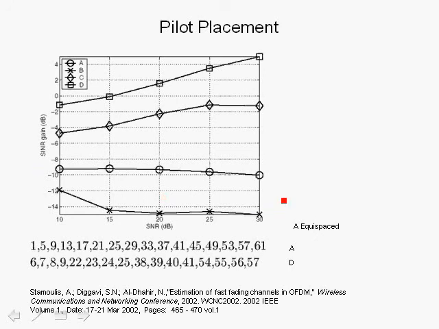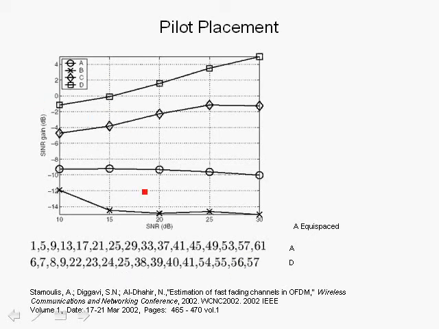As you can see over here, for case A, where we have equal distance pilots, the actual SNR gain is shown here. However, if we arrange the pilots according to arrangement D, where the pilots are clustered together but then offset, we get the best performance.